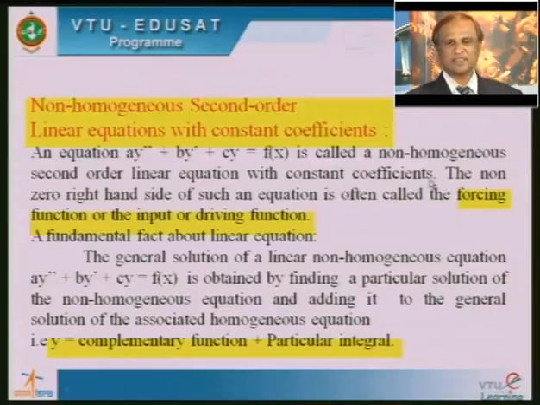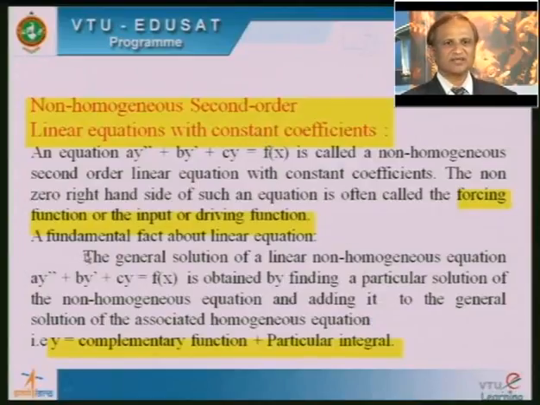The non-zero right hand side of such an equation is often called a forcing function, or the input or the driving function. It means we call it a forcing function. Is it clear? Or input function or driving function.